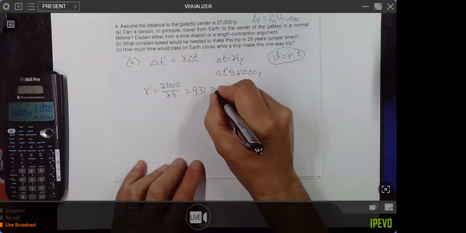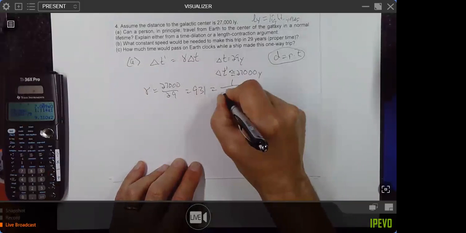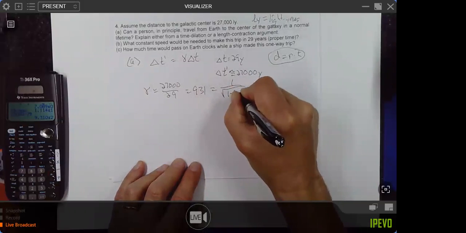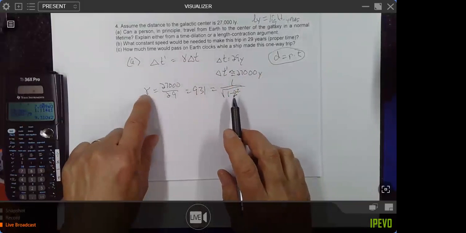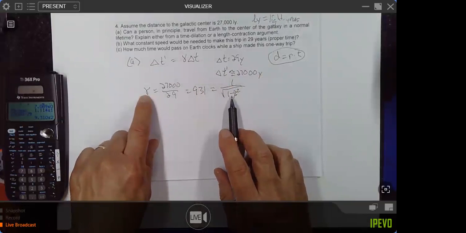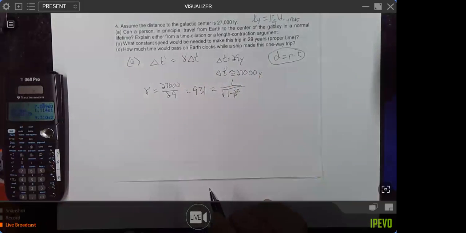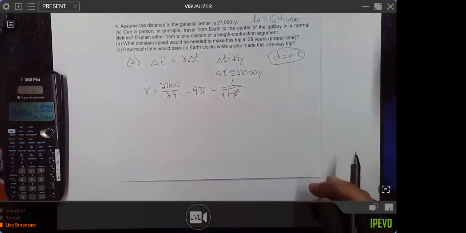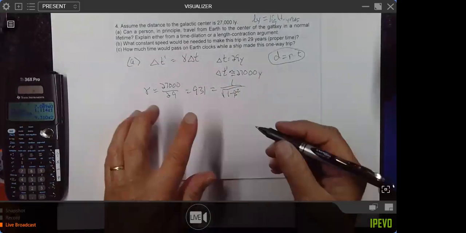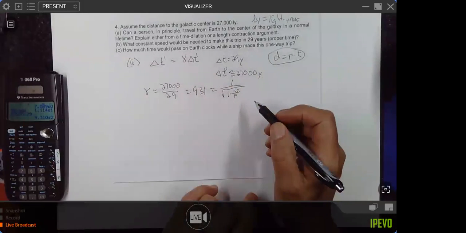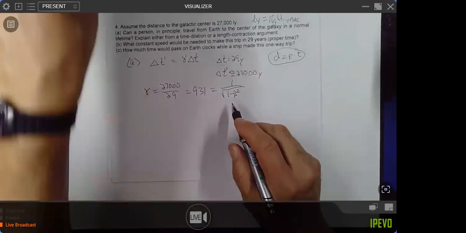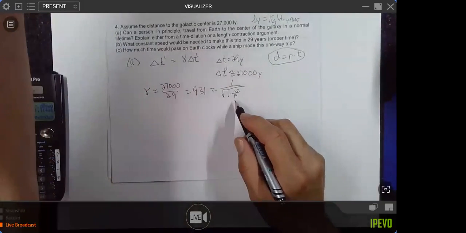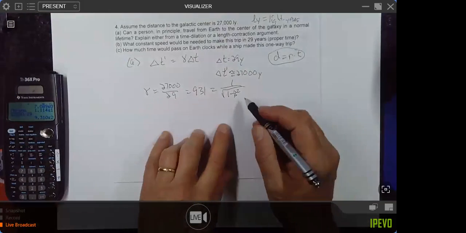Okay, well, gamma is equal to 1 over the square root of 1 minus beta squared. And I'm going to set this equal to that and solve for beta in terms of gamma, because we may end up doing this a few times, and it would just be nice to not have to do that every time. Although I'll probably lose the piece of paper I put this on, unless I tape it on the wall in front of me. That would be a good idea.